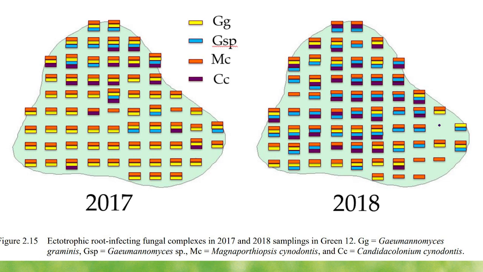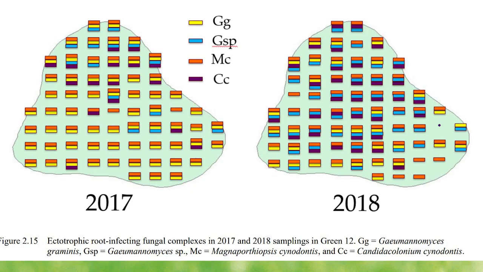I found this hilarious. So this is from, I believe, the master's thesis, where you guys sampled the crap out of some of these greens. This is an outline of a putting green that was sampled in 2 consecutive years, and you can just see how many sampling points.